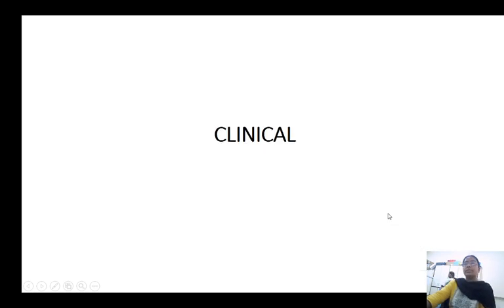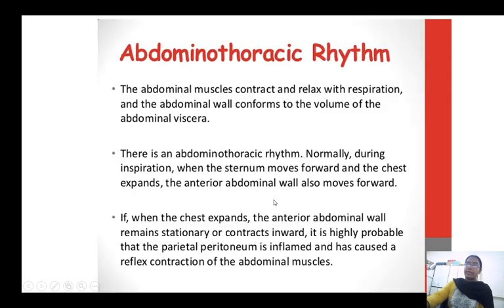Next, what is the clinical aspect of the external oblique? The external oblique, internal oblique and transverse abdominis are helpful for a movement called the abdominothoracic rhythm.